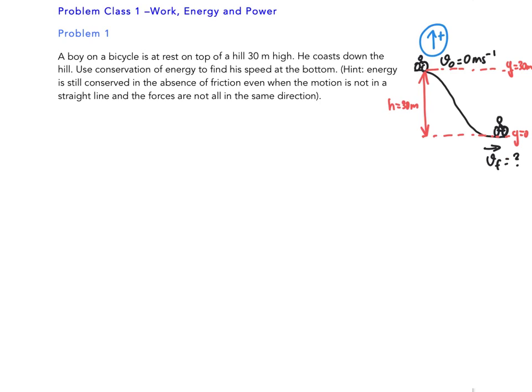So we can use conservation of energy here. What do we have? The acceleration is equal to negative g, negative 9.8 meters per second squared. We have h is 30 meters.